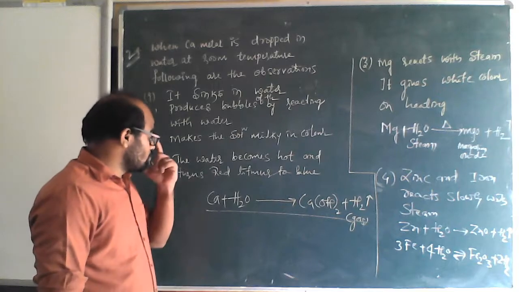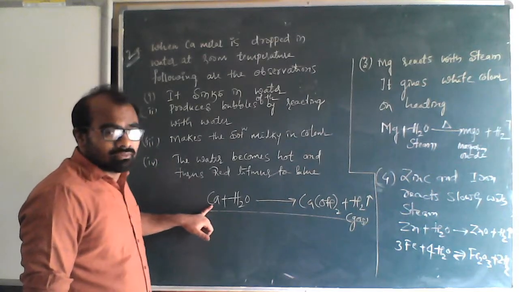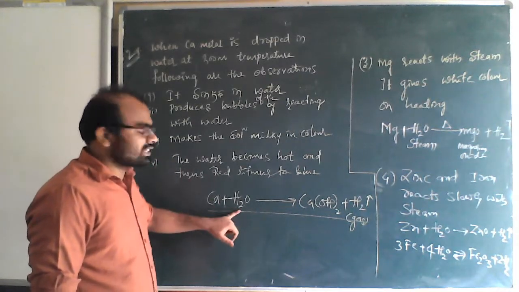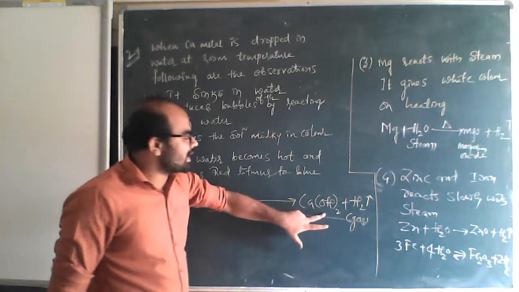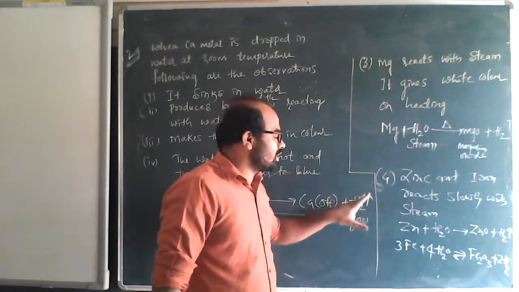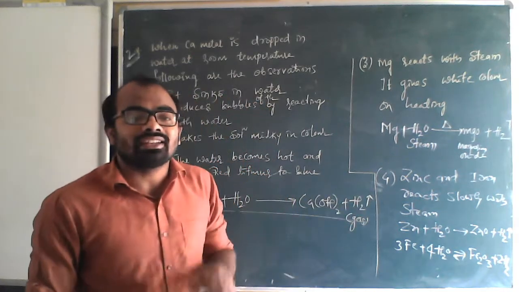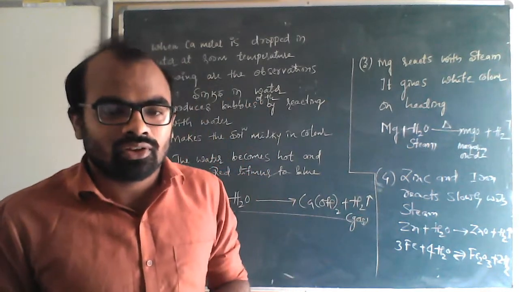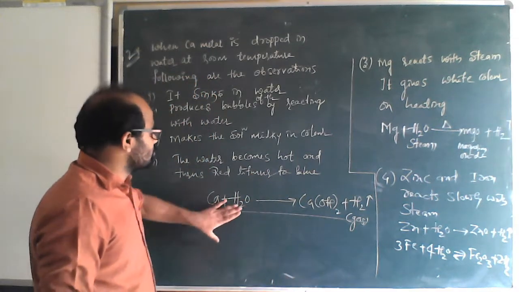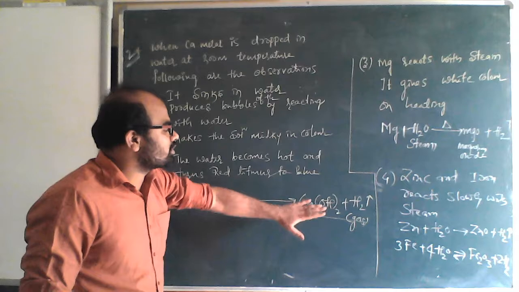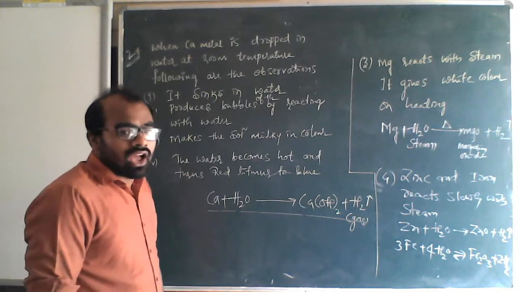Ca means calcium, reacting with water gives calcium hydroxide along with H2, hydrogen, in the form of gas. You should remember this. Calcium reacts with water and produces calcium hydroxide along with the liberation of hydrogen gas.